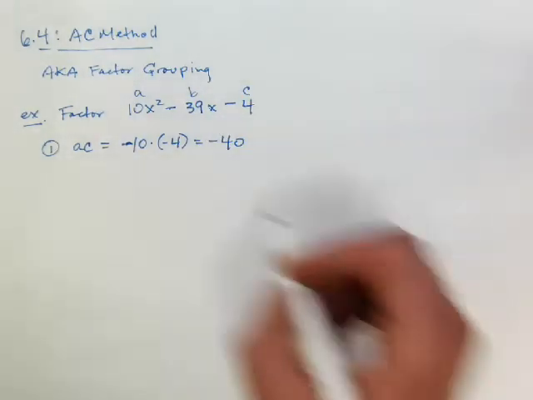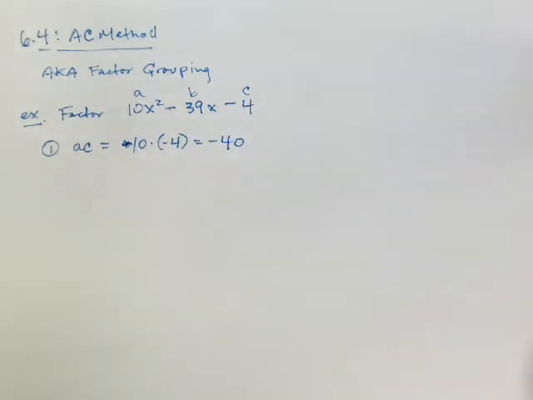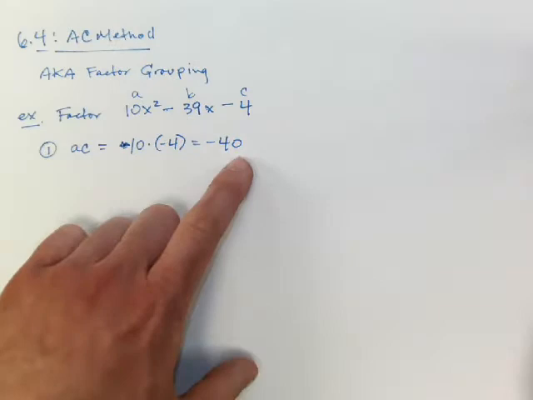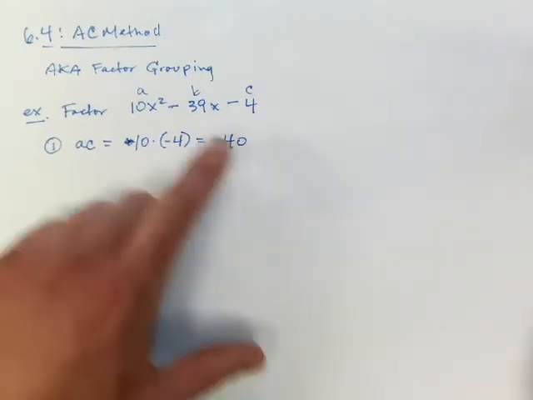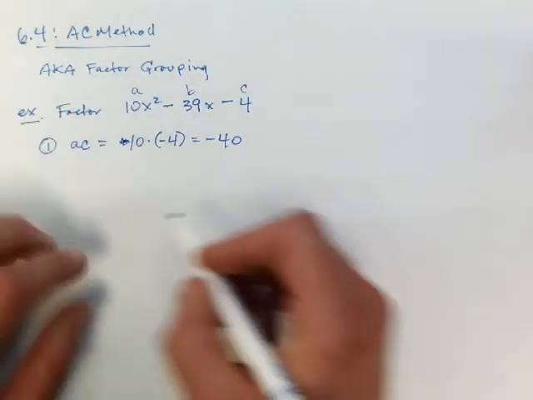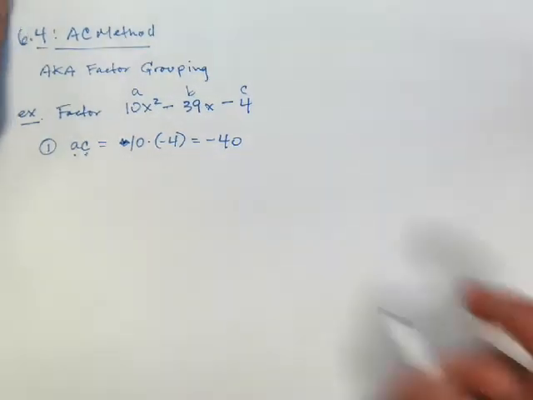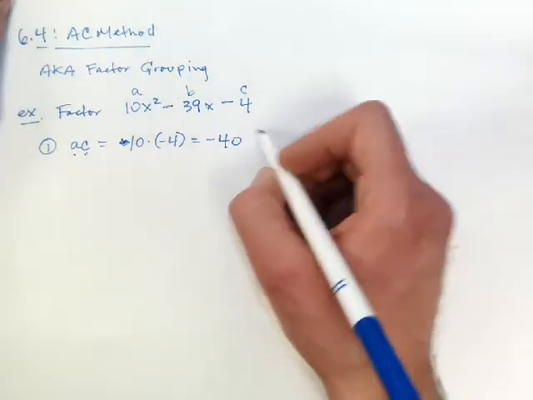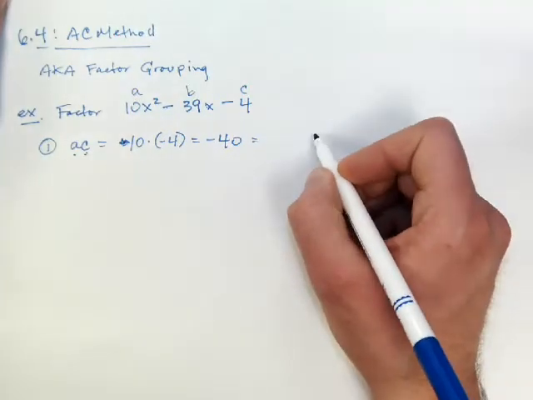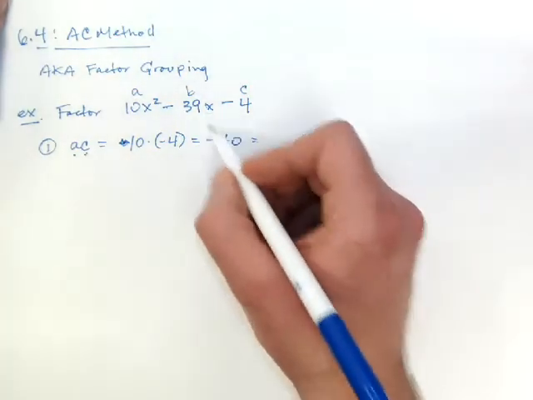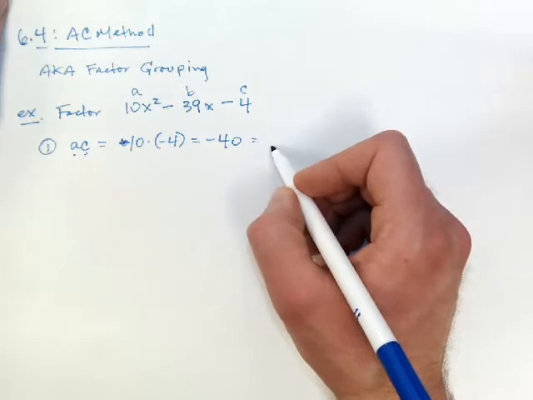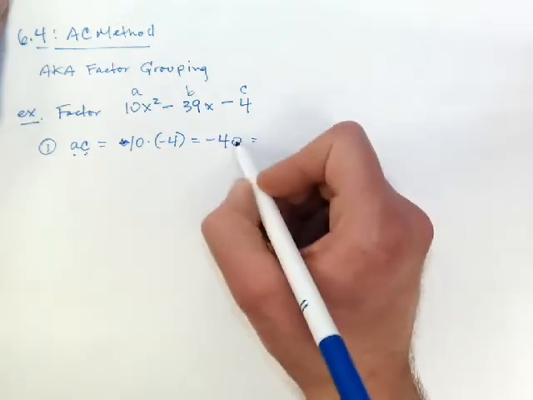So it's a little bit like our original method for the x squared plus bx plus c case. We just have to look at factors of the one number that add up to the middle. But this number is formed by doing A times C. So we look at negative 40 and think, okay, what things could multiply to make negative 40?